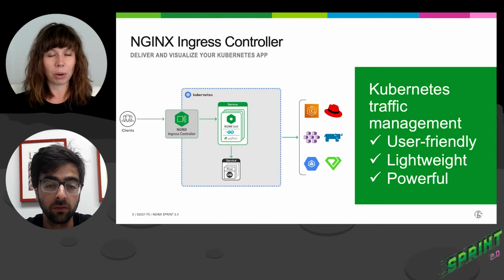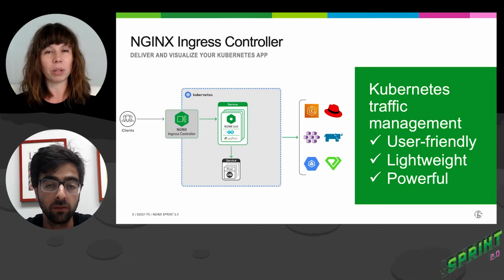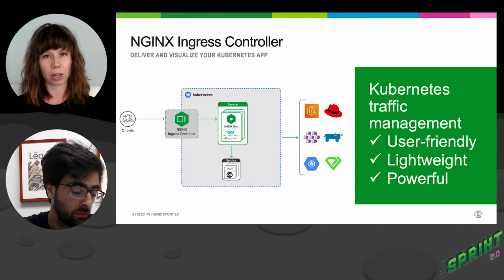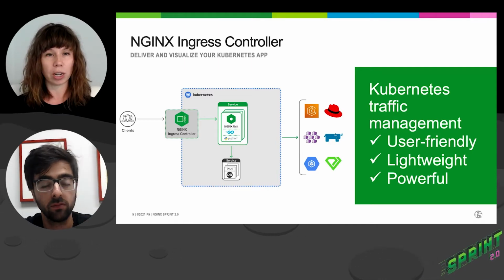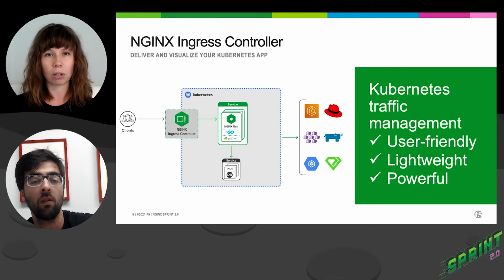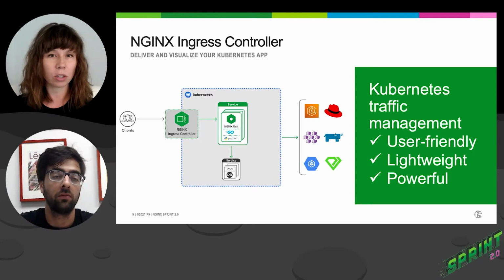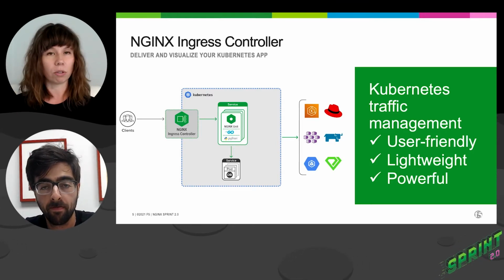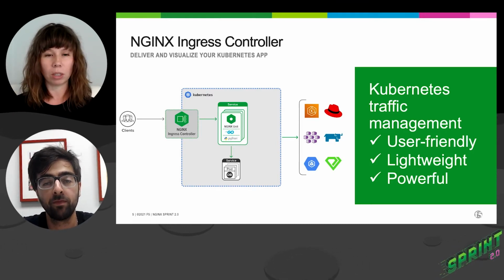Okay, so that's component one. Looking at component two, we have NGINX Ingress Controller, which is available both based on NGINX open source and NGINX Plus. And this is going to be your ingress, egress, or north-south, whichever you prefer terminology-wise, Kubernetes traffic management. It's user-friendly, it's lightweight, it's powerful.